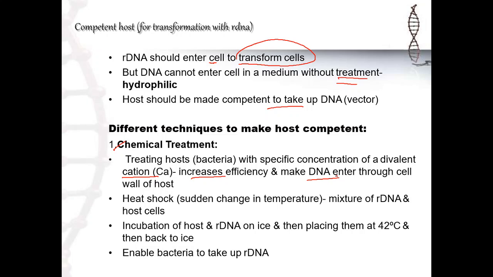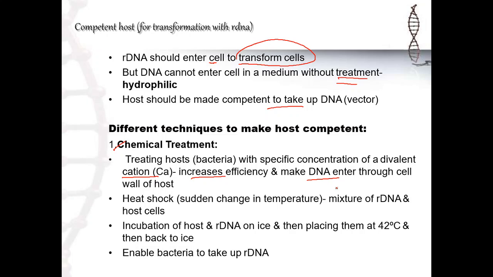It can also be heat shock, a sudden change in temperature. Through heat shock, mixtures of recombinant DNA and host cells are combined, and then there is transformation, an association between the host cells and the recombinant DNA.